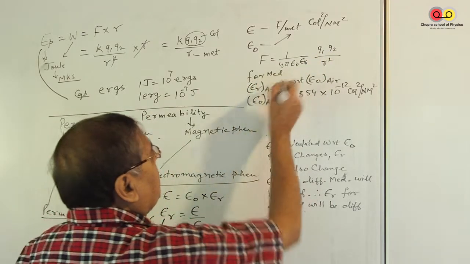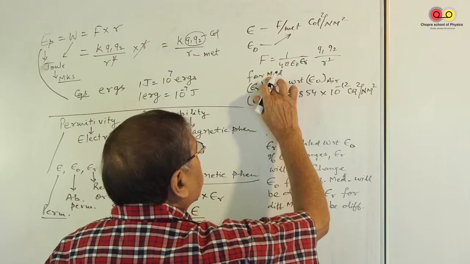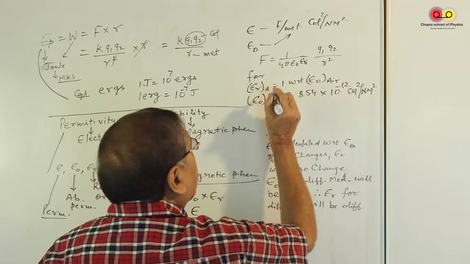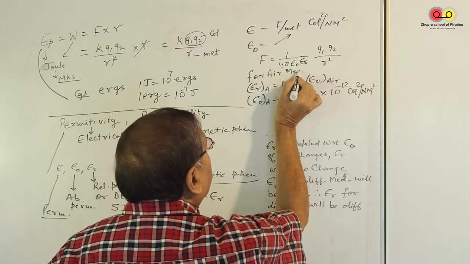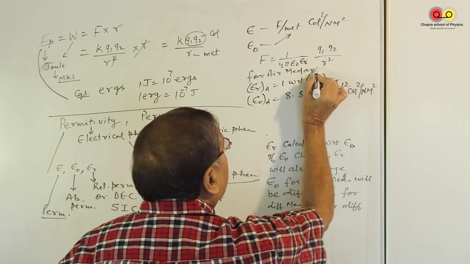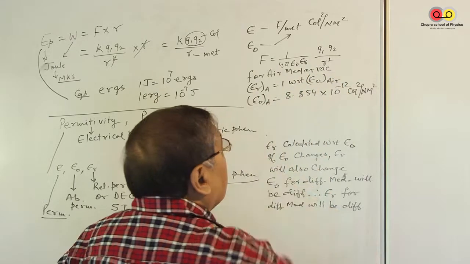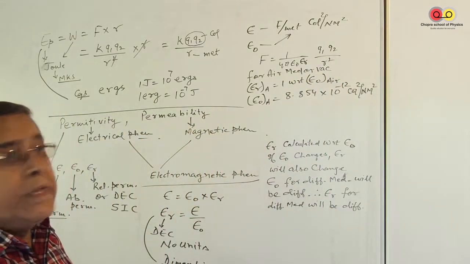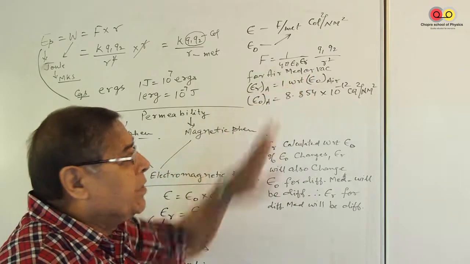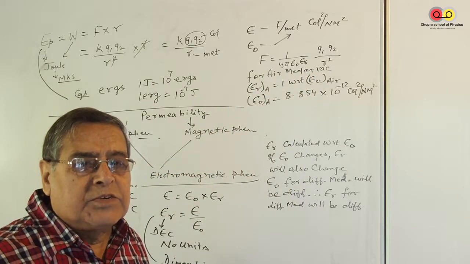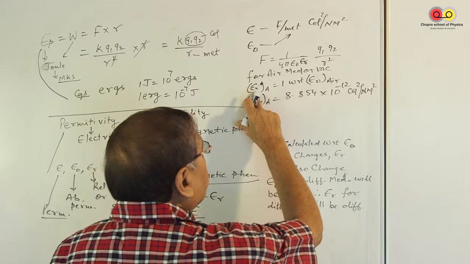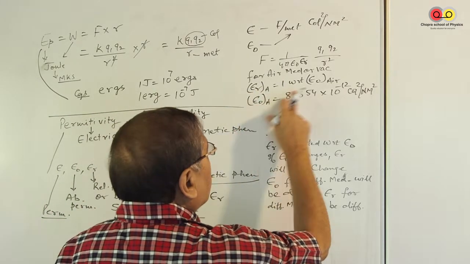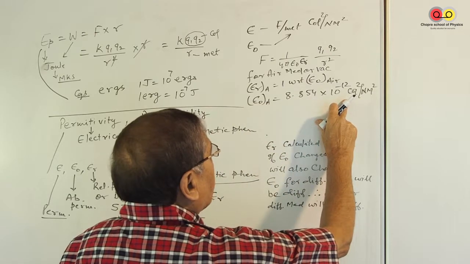So, more elaborately we should write for air medium or vacuum. I have explained to you that there is a common term for air or vacuum, that is free space. So relative permittivity of air is 1 with respect to absolute, and absolute is this one.